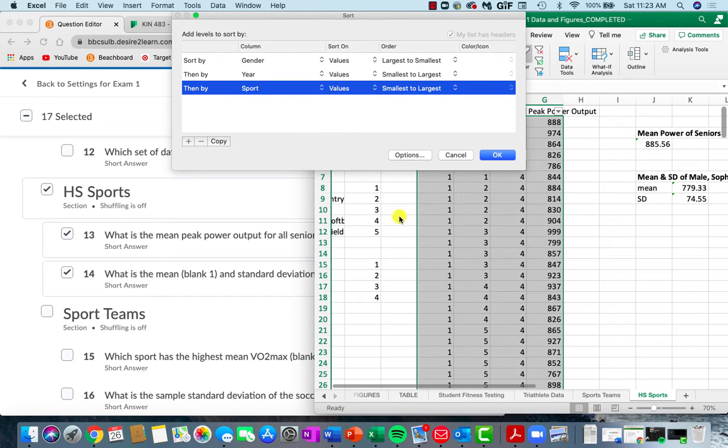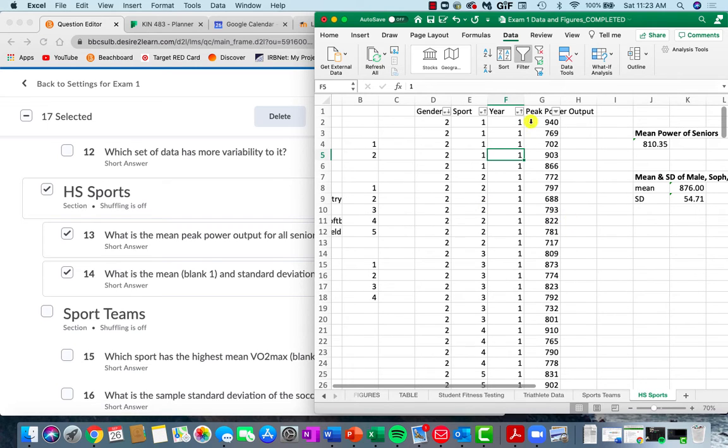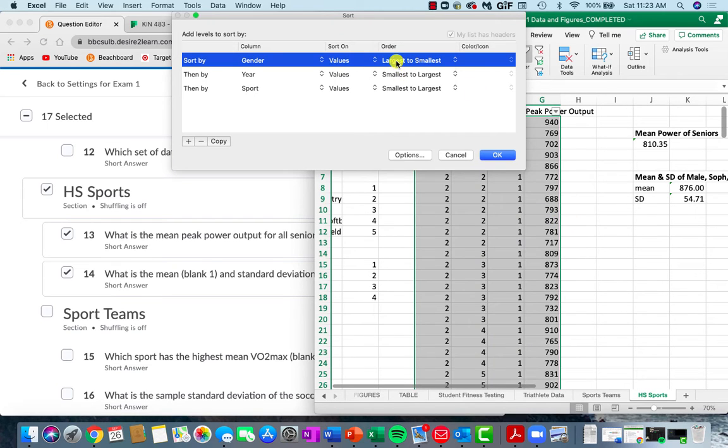In this case, soccer was kind of in the middle as well. So I'm just going to keep that smallest to largest. That may make it easier. So from here, again, we're doing gender, year, and then sport.